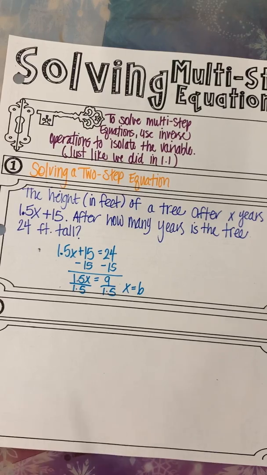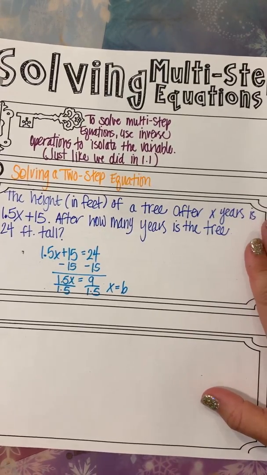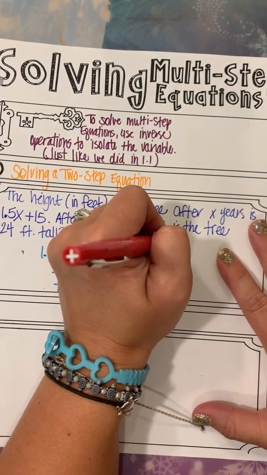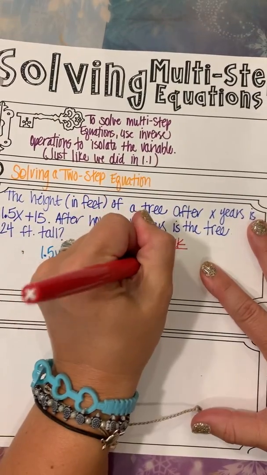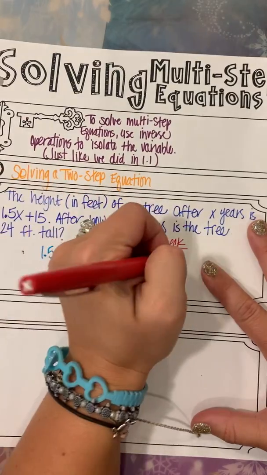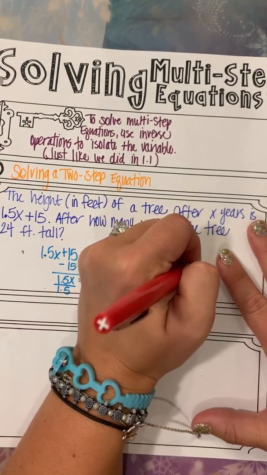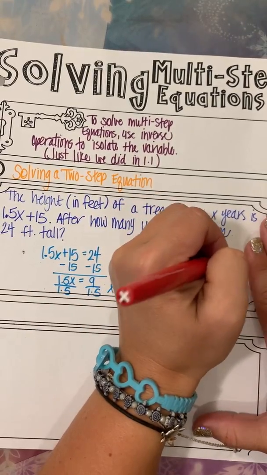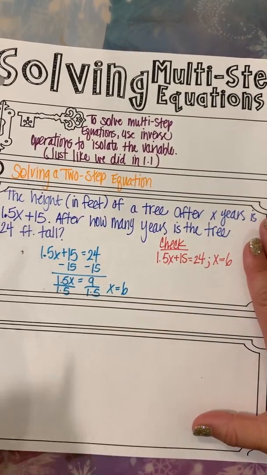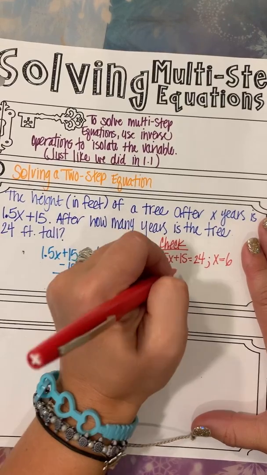Yes, before you ask, I'm sure there's lots of eye rolls going on because you know it's coming. We also have to show the check. First step of the check is to write the original equation, followed by a semicolon and what you think the variable is equal to. We're then going to substitute that in.